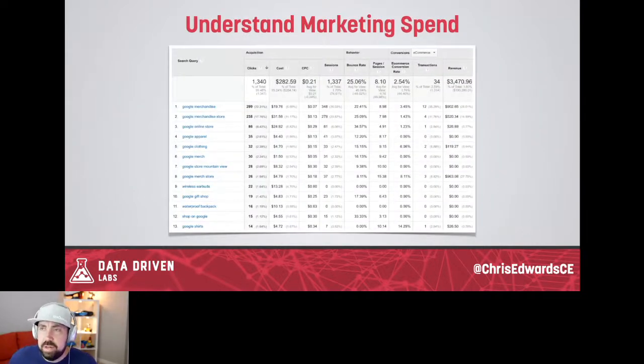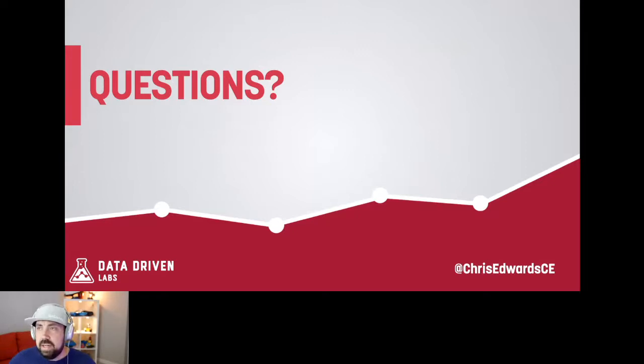The other thing is we can understand our marketing spend. We talked earlier about being able to dive in and see based off campaigns with UTMs. We can also look at search queries, bring in that information, and see what people are searching for. With this, we can understand exactly what people are looking for when they come to our site.